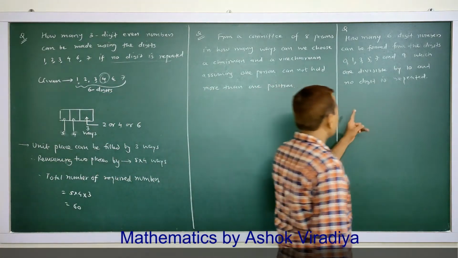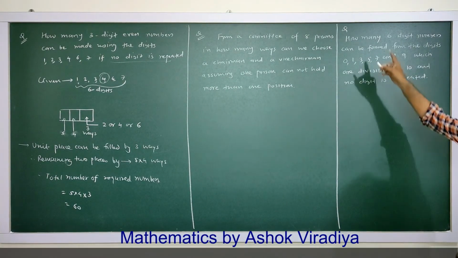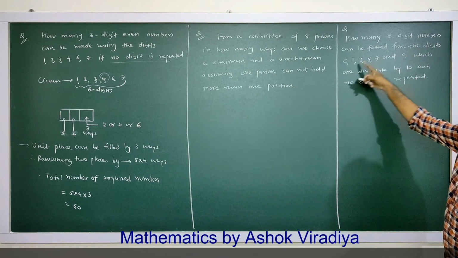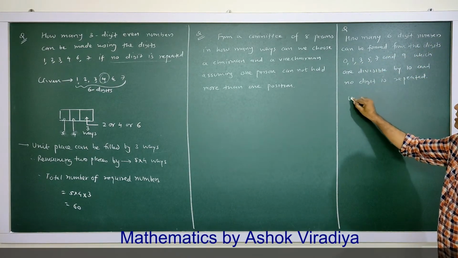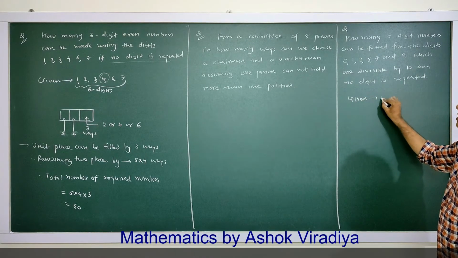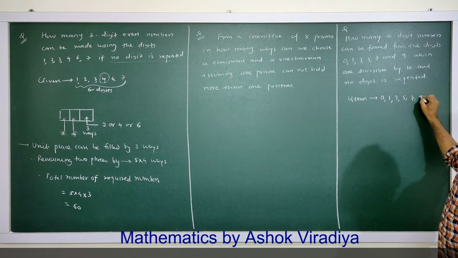In this question, this is also a question of numbers. How many 6-digit numbers can be formed from the digits? The given digits are 0, 1, 3, 5, 7 and 9.